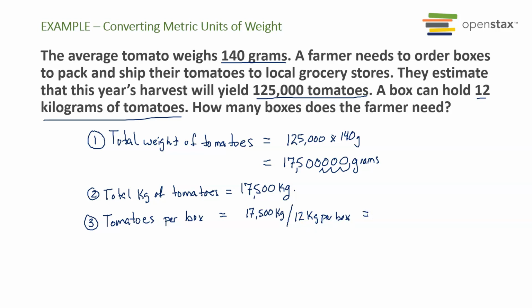And so if we divide that by 12, we end up getting, sorry, got my decimal place off there, 1458.3 boxes, which we would round up, because you can't have a fraction of a box.